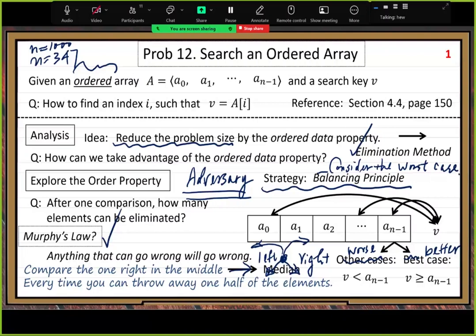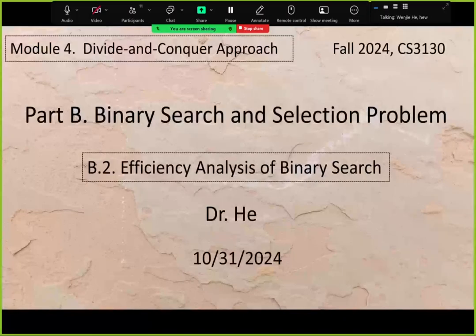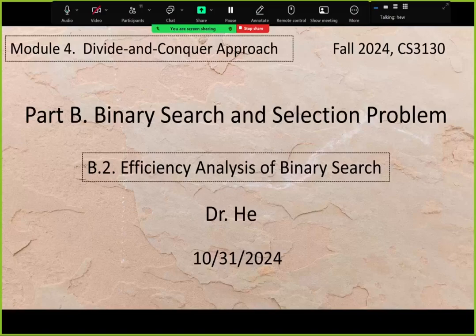So B.2, efficiency analysis of binary search. Now, after B.1, we know how to implement binary search. So the next step, we want to do the efficiency analysis. How many comparisons do we need for the binary search?